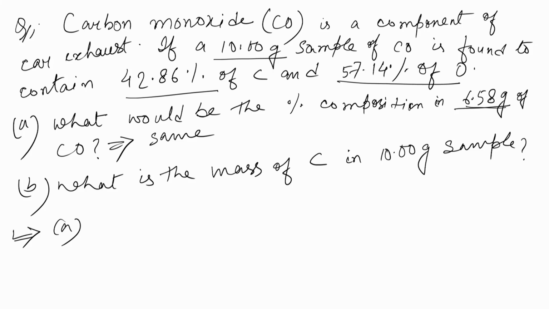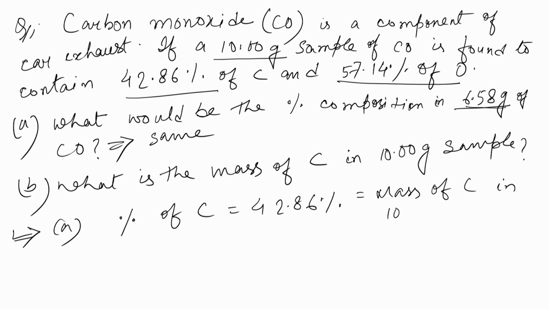The second question is, what is the mass of carbon in 10 grams of the sample? Okay. So, the percentage of carbon was given as 42.86%. This is the mass of carbon in a 100 gram sample, right?